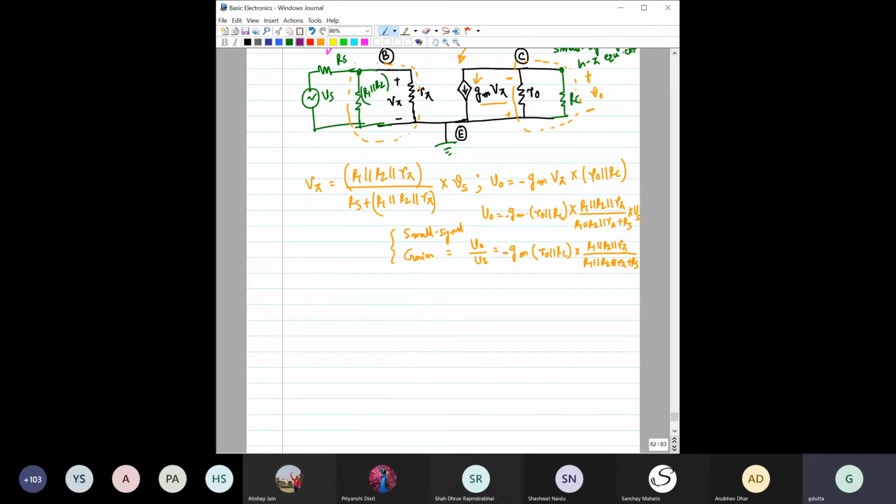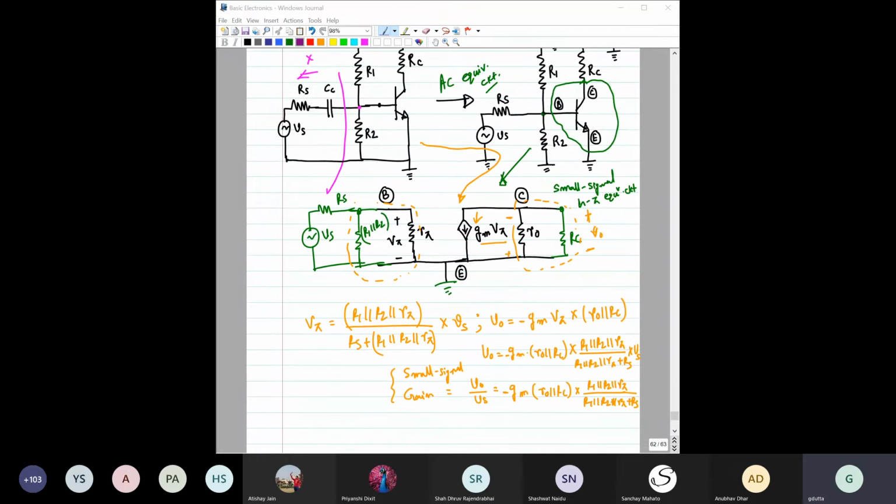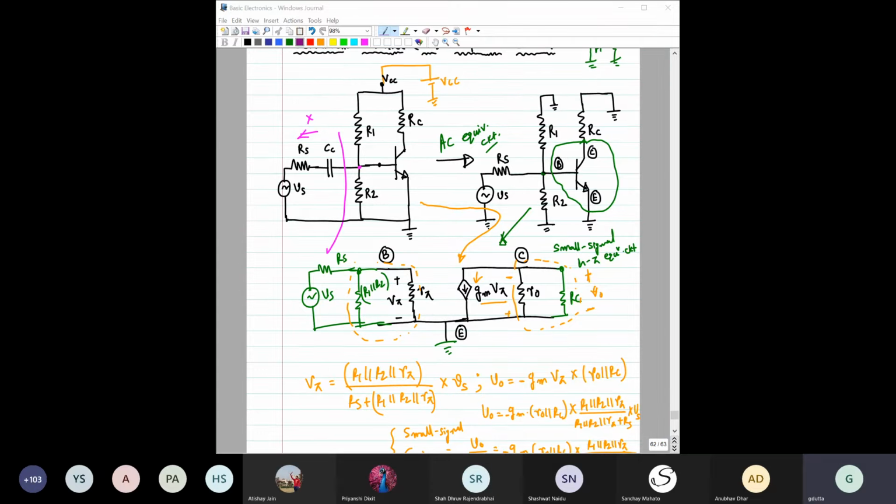So sometimes we have to also find the equivalent input resistance and output resistance of a particular amplifier. If we say input impedance, then basically input impedance means if we look from here, maybe I will choose a different color, red would be fine.